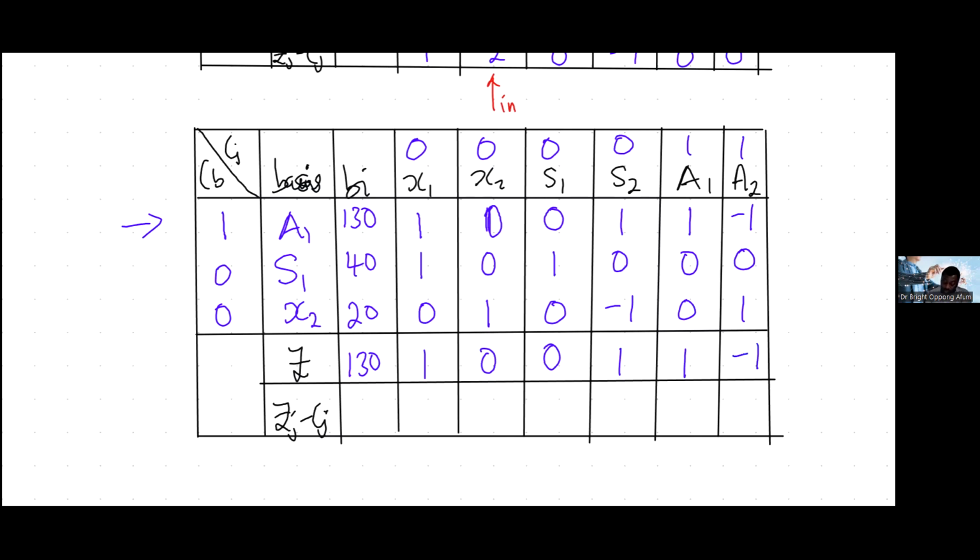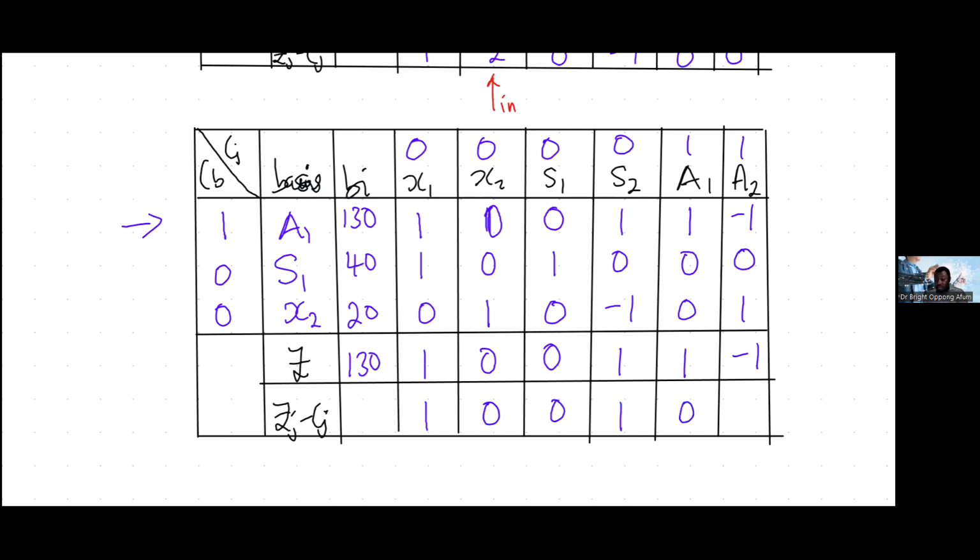So now Zj minus Cj is 1 minus 0, which is 1. 0 minus 0 is 0. S1 is 0. S2 is 1 minus 0, which is 1. Then A1 is 0.